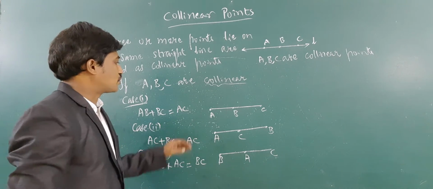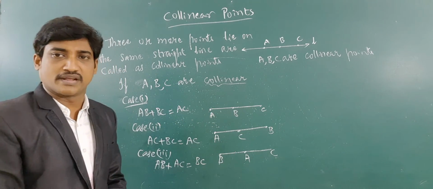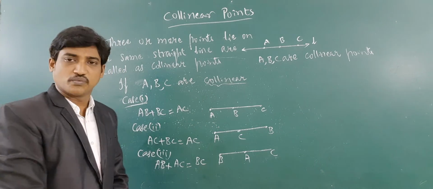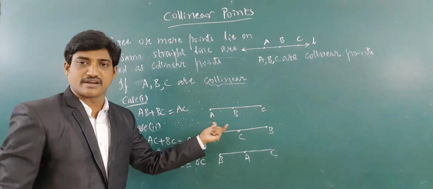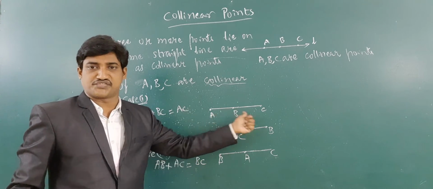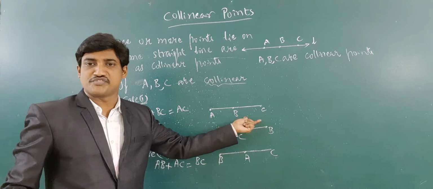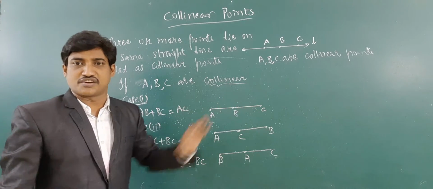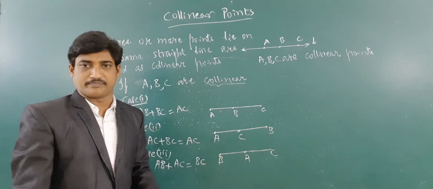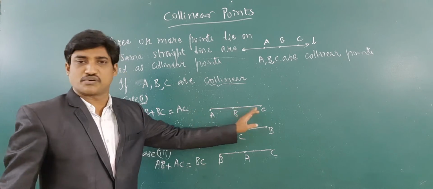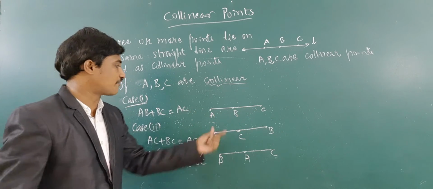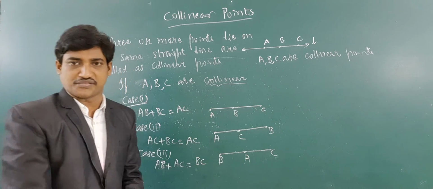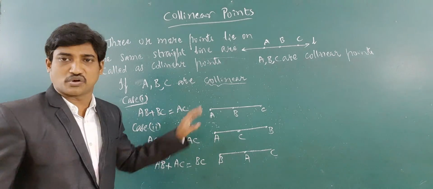First of all, to know whether the given 3 points are collinear or not, we need to find the distances: the length of AB, the length of BC and the length of AC. If AC is larger than AB and BC, and if AC is equal to AB plus BC, the sum of the smaller lengths equal to the length of AC, then we can say A, B, C are collinear.